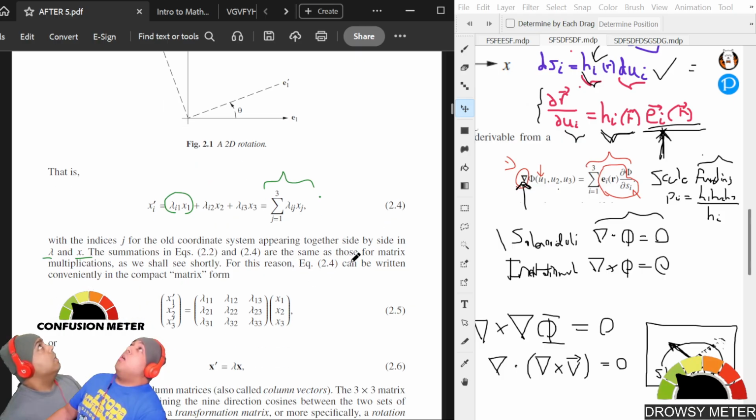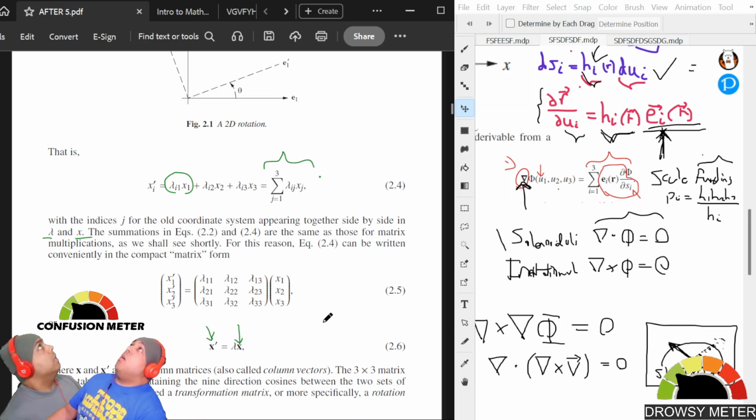For this reason, equation 2.4 can be written conveniently in the compact matrix form: x1 prime, x2 prime, x3 prime equal lambda 1, 1, and so on, times x1, x2, x3. Or x prime equal lambda x, where x and x prime are the column matrices, also called column vectors.